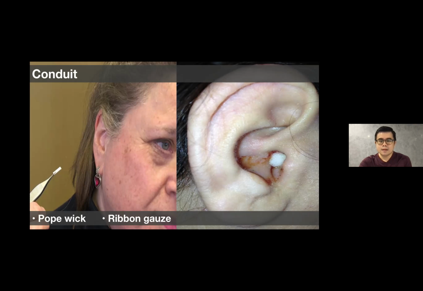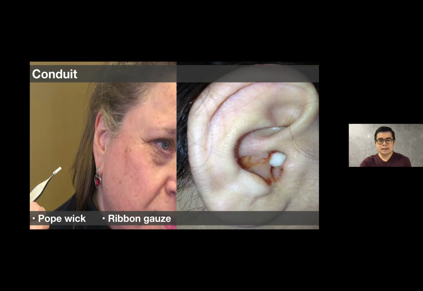So this will have two functions. Number one, it will open up the ear canal because it's now swollen, and then it will also act as a stent or a conduit for your eardrop to go inside. So if you put eardrops here, it will get absorbed into the sponge and it will get distributed to the canal and to the tympanic membrane area.